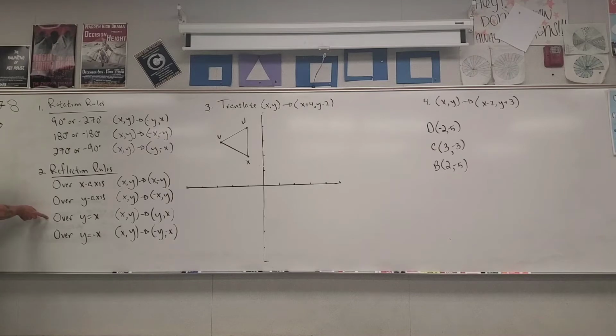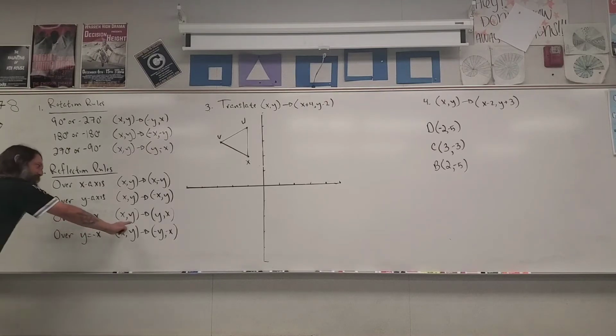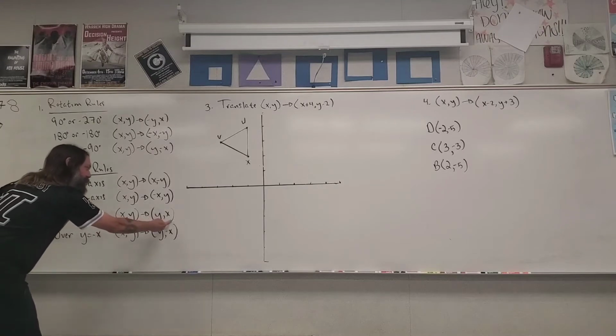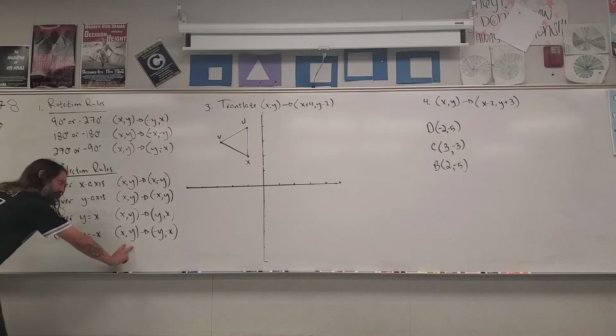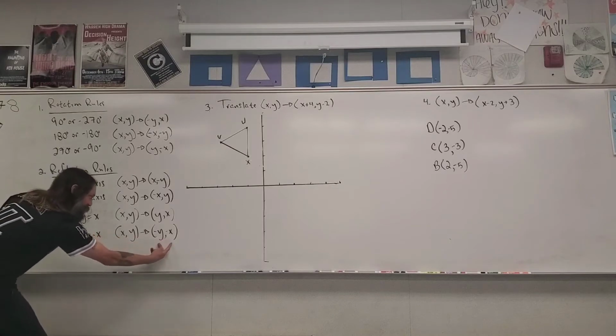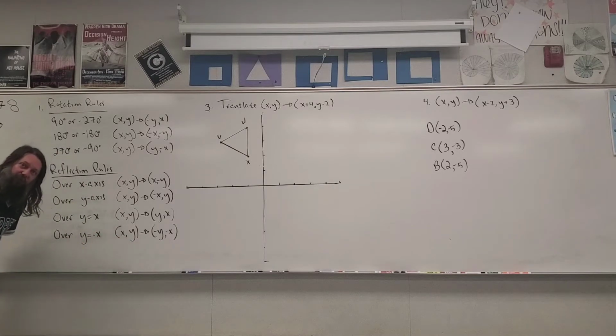Our third reflection rule is over the diagonal line y equals x. We take our coordinates and we switch the order. Our last reflection rule is over the other diagonal line, y equals negative x, where we take our ordered pair, switch the order, and change the signs of both numbers. That is the answer for problem 1.